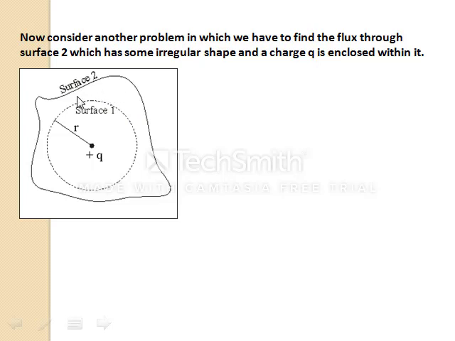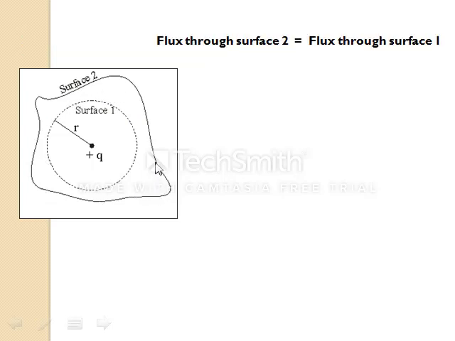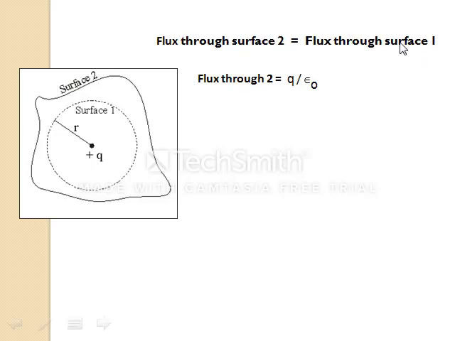They are neither terminated in the space between the two, nor do they originate from here. So we can say flux through surface 2, meaning number of lines passing surface 2, is same as flux through 1, or number of lines passing through 1. This one is known. It's q by epsilon naught. So this is the result. Flux through surface 2 is q by epsilon naught.